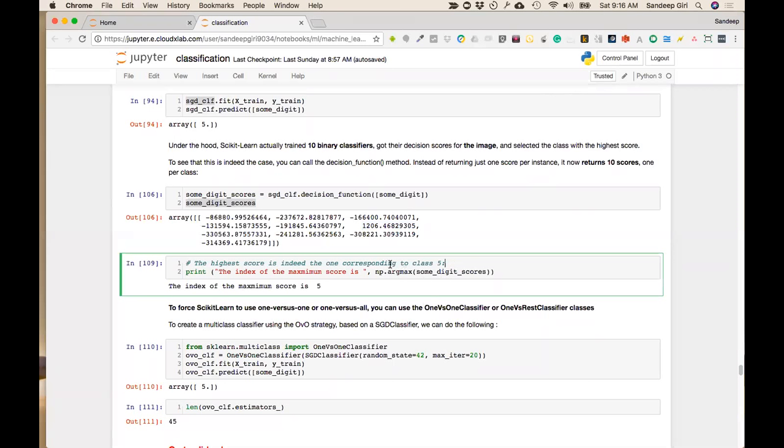A question from Kamal is, it would have been scaled, what is the max? There is a max and min, right? The max and min would be on whatever test data you pass to it, or our X, capital X. If we pass that, it'll give us the score for all of them. From there, you can standardize if you wish, but it's not really required. The decision function is something internal that we use.